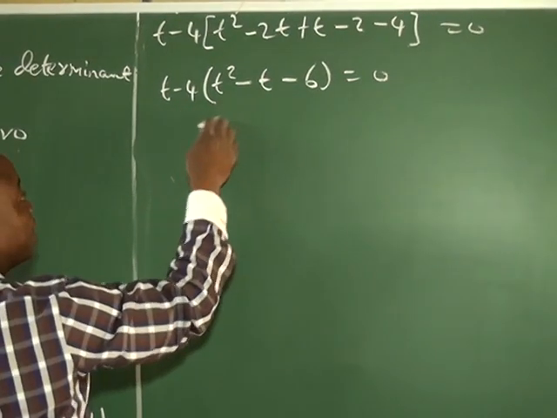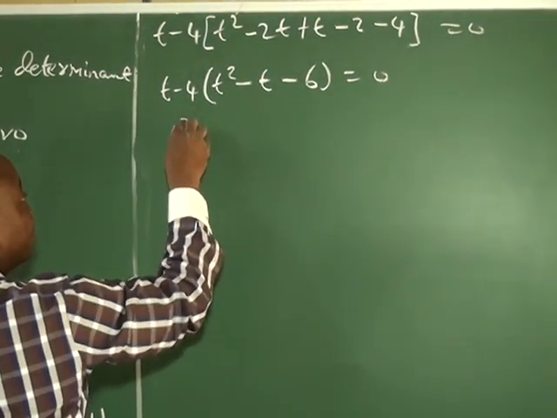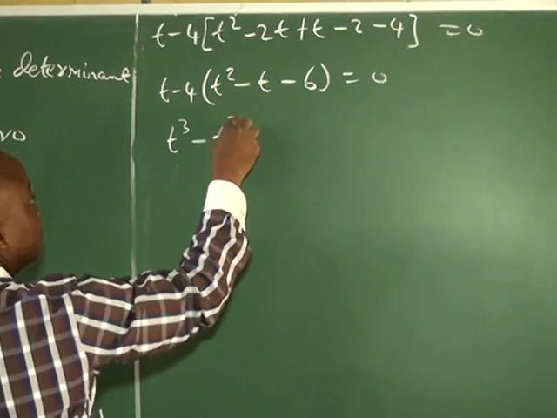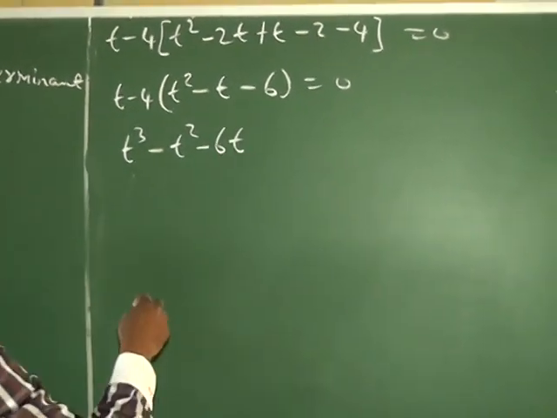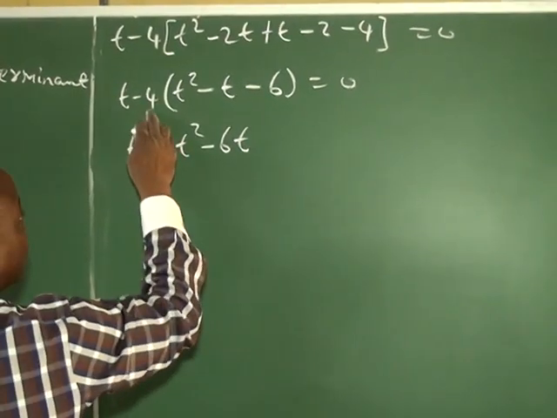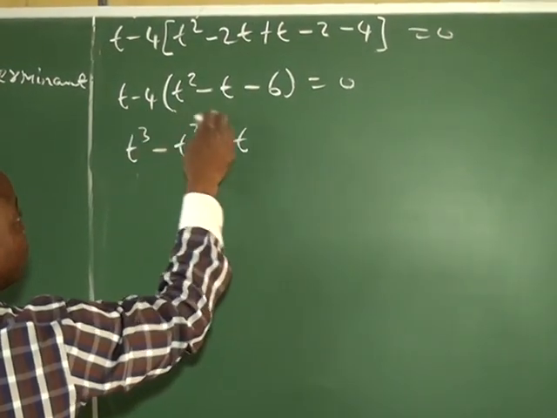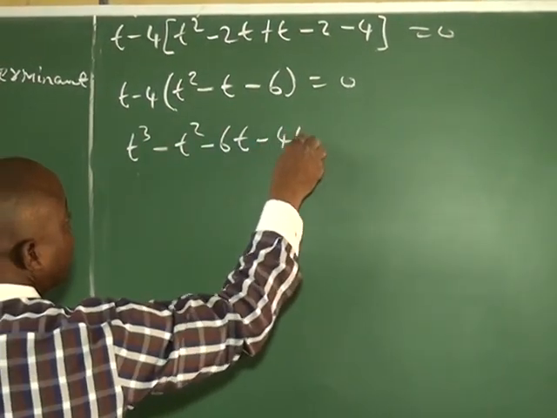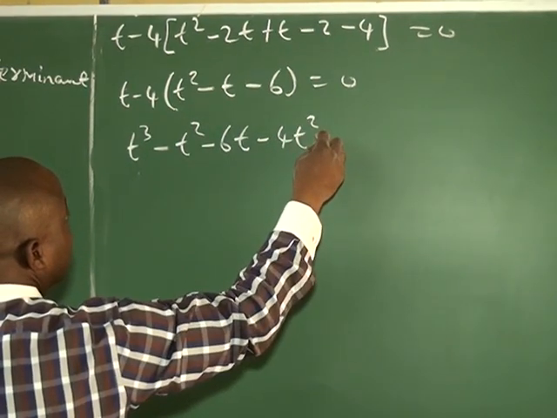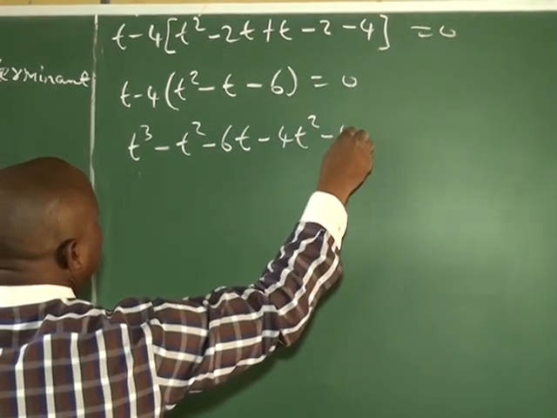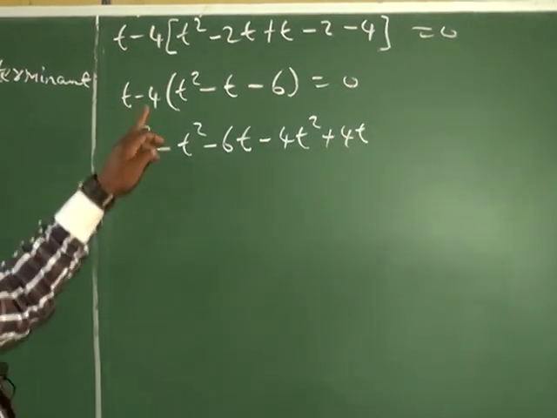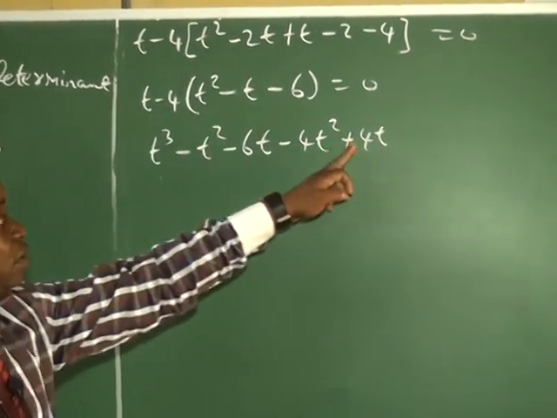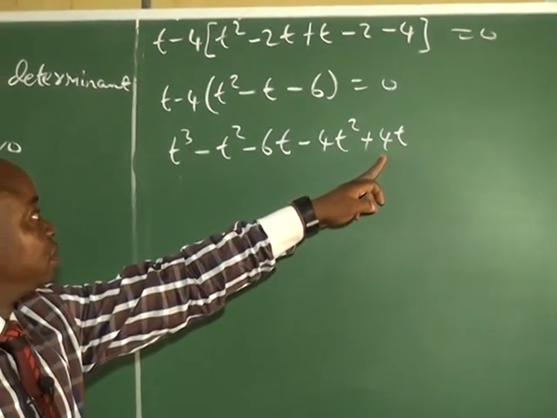So if we multiply here, we have t cubed minus t squared minus 6t. Then if you use 4, we have minus 4t squared plus 4t. That is minus 4 times t plus 4t.